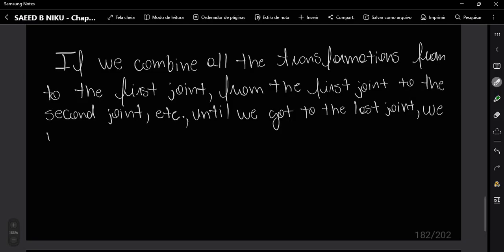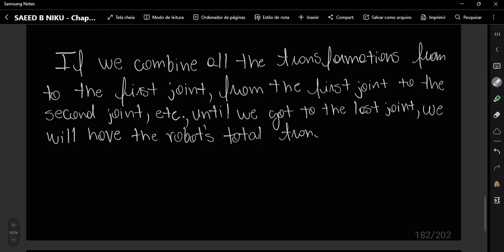We will have the robot's total transformation matrix.